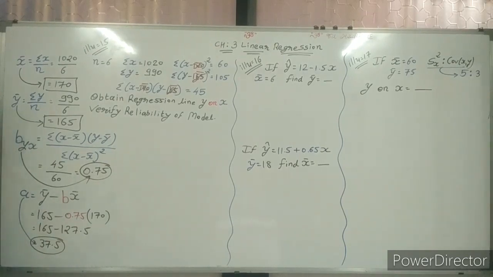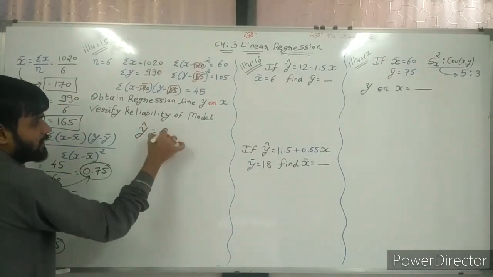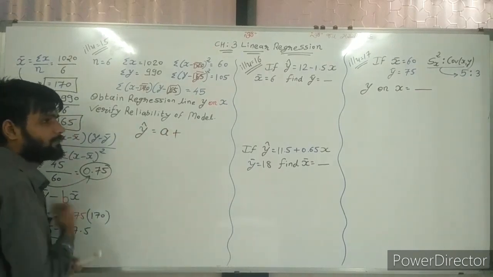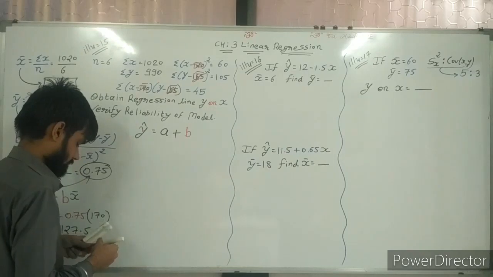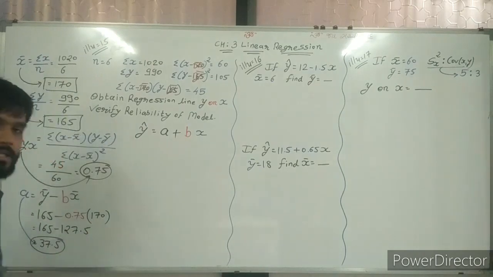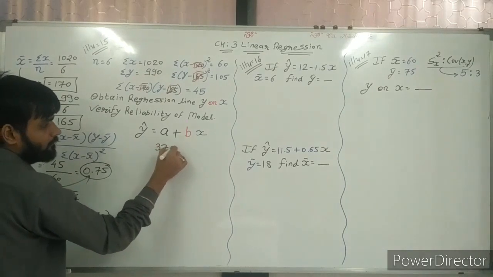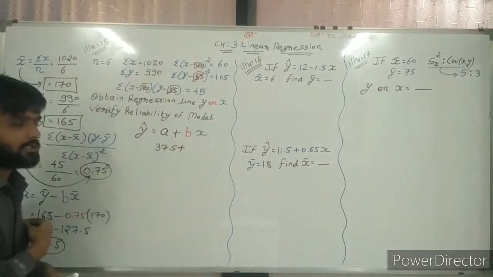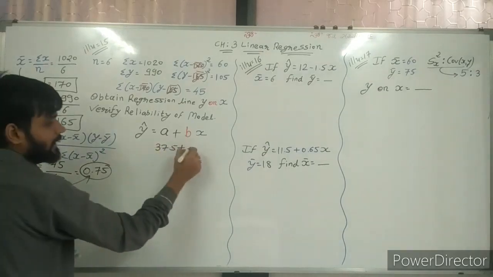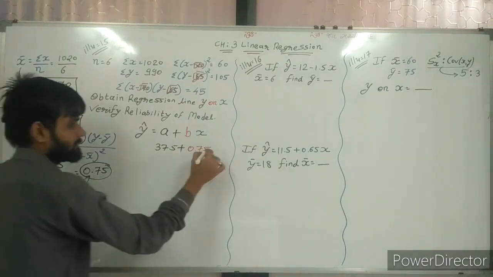Now I have both the values b and a, and if we have both the values, we can find the regression line y cap is equal to a plus bx. Now replace the value of a, which is 37.5, so write down 37.5 plus b. b is 0.75, write down 0.75, and x remains as it is.